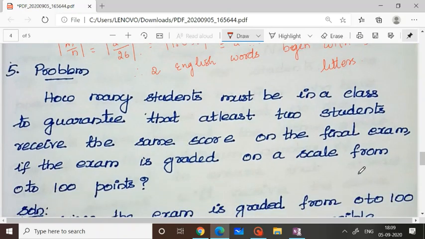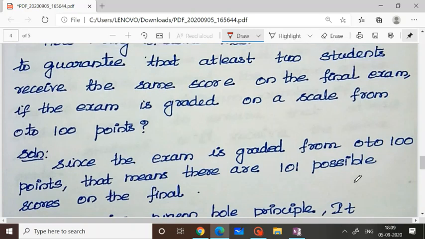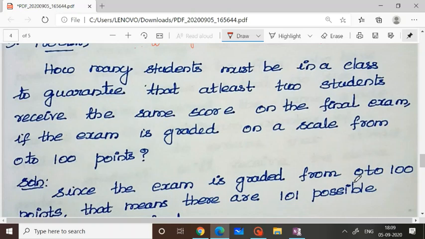Now the next question: how many students must be in a class to guarantee that at least 2 students receive the same score on the final exam if the exam is graded on a scale from 0 to 100 points? Since the exam is graded from 0 to 100 points, how many possibilities are there? We want to know how many students there must be in the class. They are giving a hint that at least means greater than or equal to 2 students receive the same score.